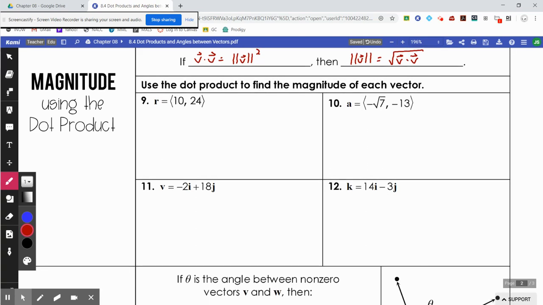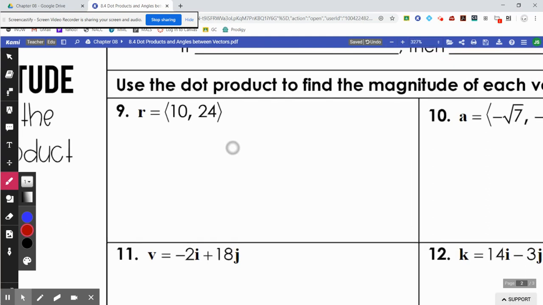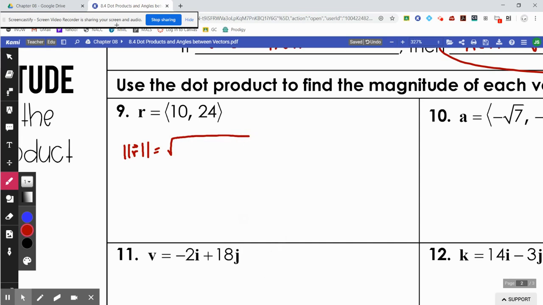So use the dot product to find the magnitude of each vector. So we're going to use this right here. To find the magnitude using dot products, we can dot product and just square root the answer. So we're going to dot product a vector with itself. The magnitude of vector r right here will equal the square root of the vector 10, 24 dotted with itself.